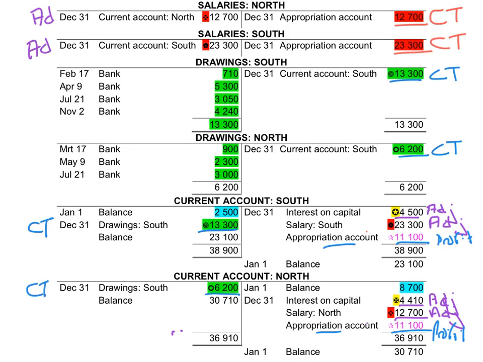If we look at the current accounts now, it means that the amounts on the credit side is the amounts that's outstanding that must be paid to the partners, less the amounts on the debit side, and that will give me my closing balance to indicate the actual amount that's outstanding that must be paid to the partner as 23,100.